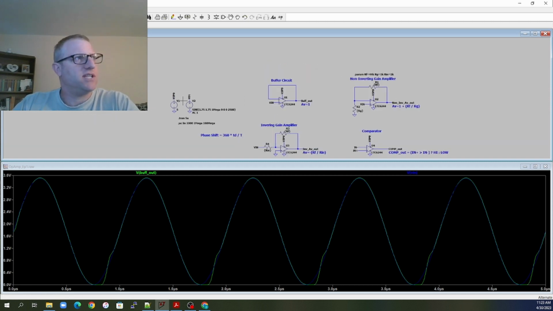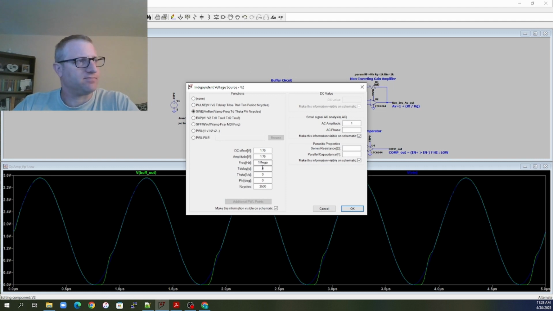So now in order to use that, we're going to go ahead and change our source. Because we can't use this, because a gain of 44 is going to be way too high, we're going to drop this down to a 50 millivolt source and a 50 millivolt swing. So what will this do?